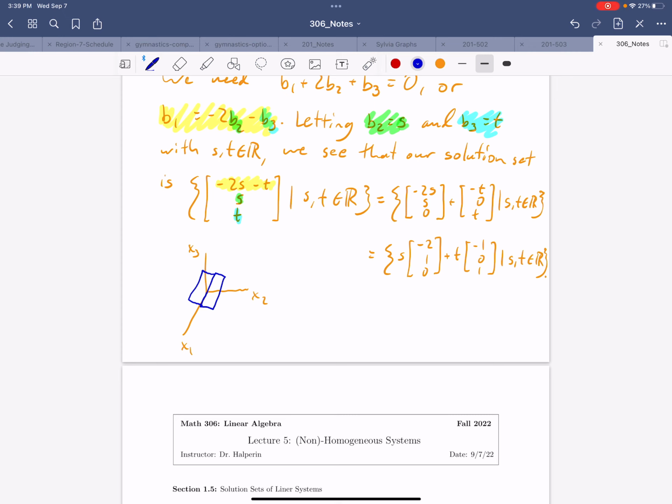There you go. And the vectors that determine it are the vectors negative 2, 1, 0 and negative 1, 0, 1. Perhaps they look like that and that. Actually, perhaps a slightly nicer way to draw it might be this and that, and they determine this plane.